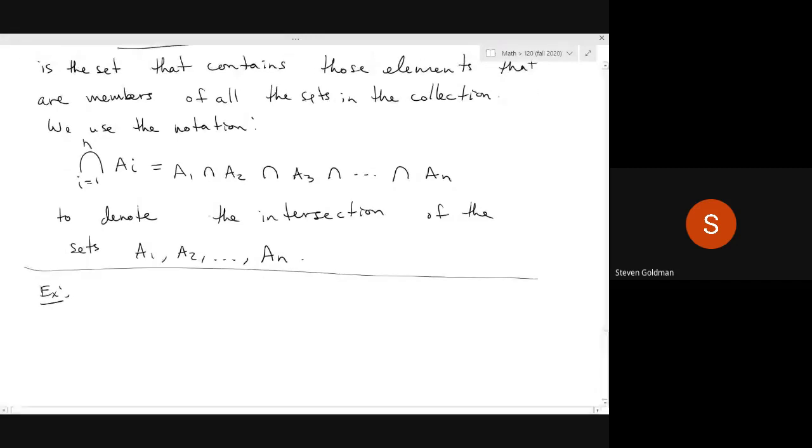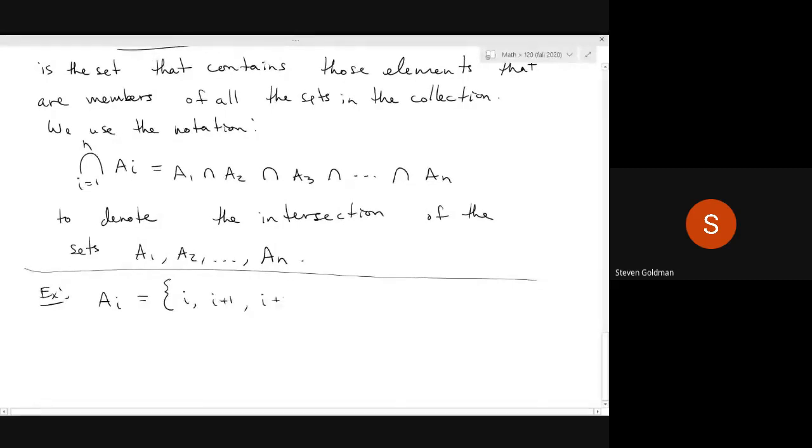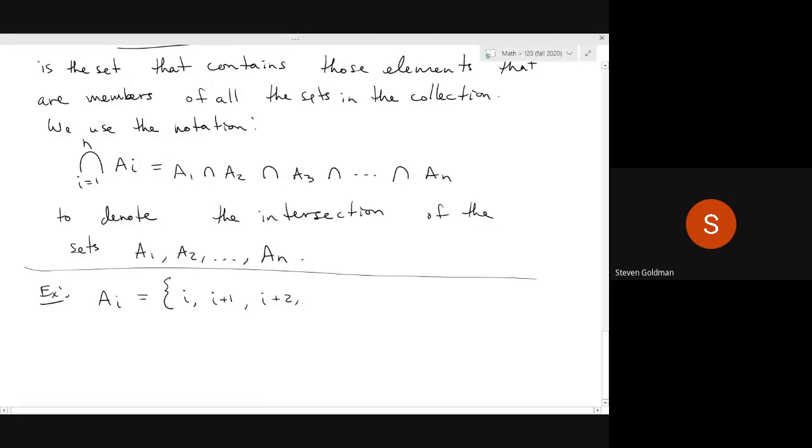All right. So let's say each set A sub I is equal to the following. Its elements are I plus 1, I plus 2, etc. We'll say that's an infinite set. It keeps going.